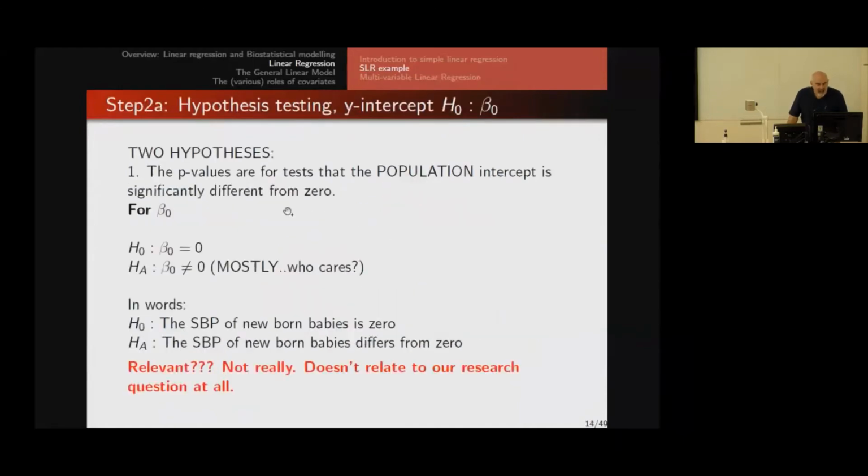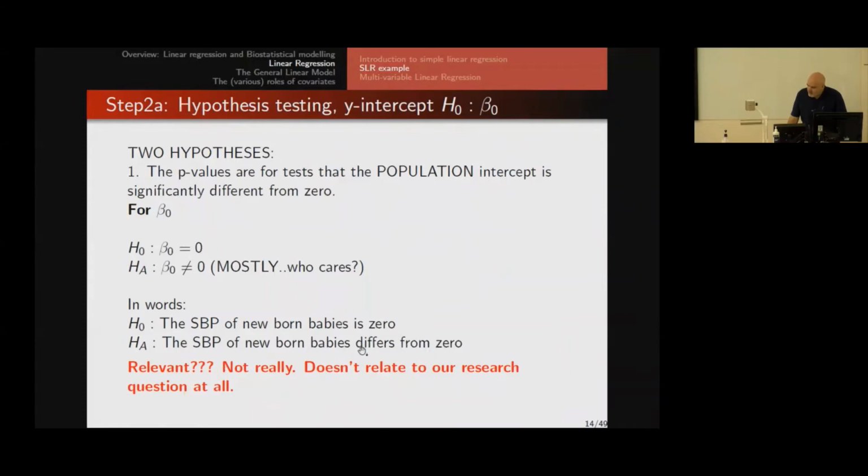So, in other words, we're testing the hypothesis in this case that beta 0 equals 0. Now, what does that mean in words? The systolic blood pressure of newborn babies is 0. Against an alternative hypothesis that beta 0 does not equal 0, in words, in terms of this problem, the systolic blood pressure of a newborn baby differs from 0.